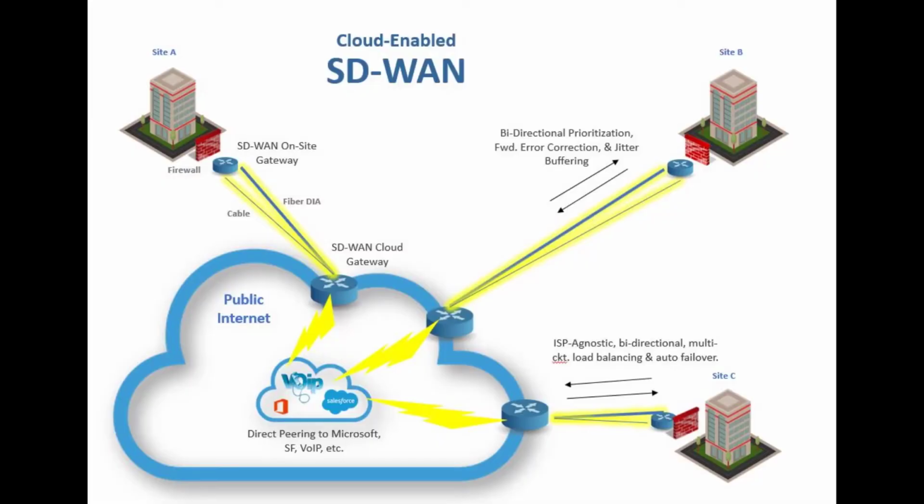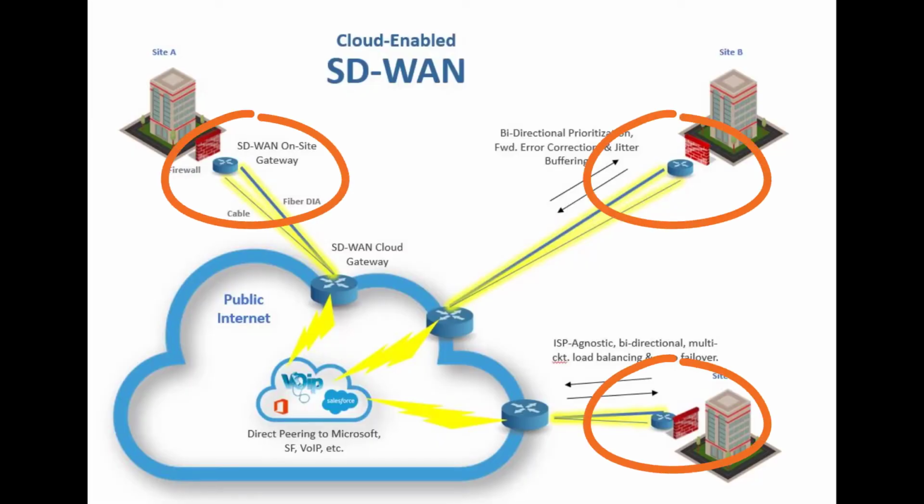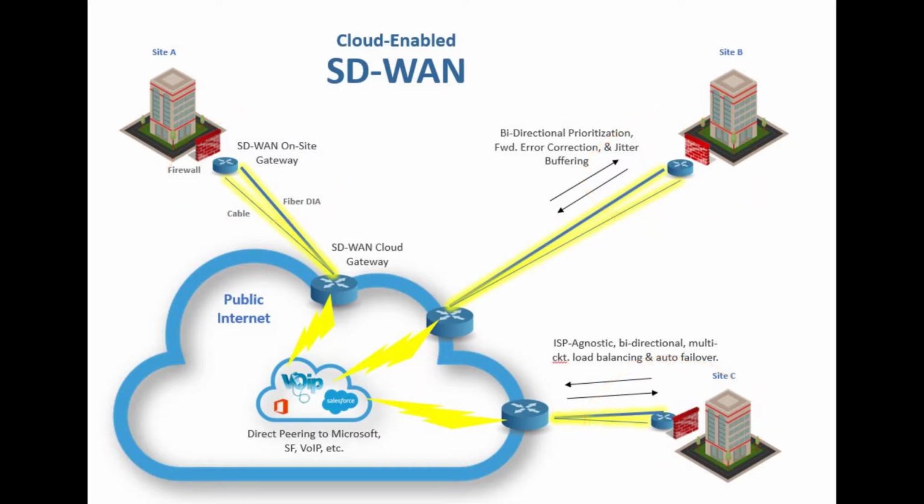The other option you could look into is a cloud-enabled solution. What that is, you get an SD-WAN appliance at each of your sites, and each of those appliances connects to an SD-WAN service provider's nearest gateway or cloud data center. And from there, those 2 data centers connect over the public internet to talk to each other.